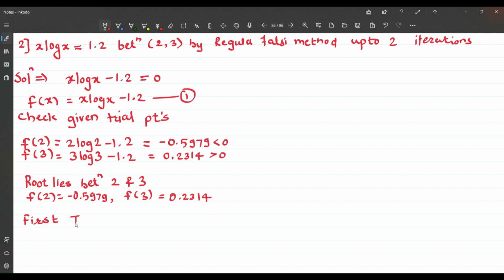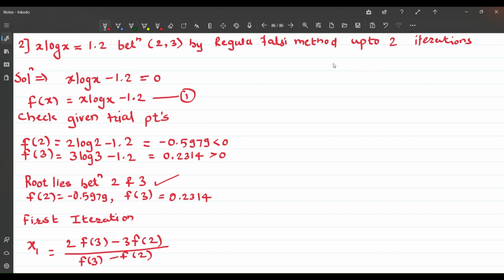In the first iteration, you have to solve x1. The formula for x1, from this 2 and 3, we'll write: 2 f of 3 minus 3 f of 2 divided by f of 3 minus f of 2.